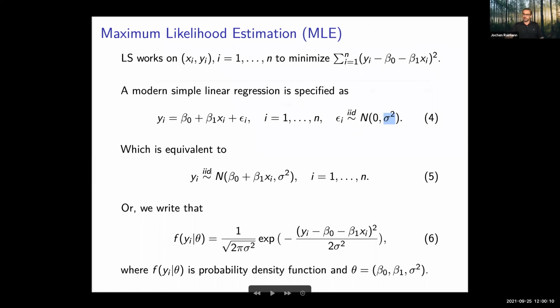So this is equivalent to a normal distribution of beta 0 plus beta 1 xi and the residual variance. So alternatively, we can say, and this is where we're getting closer to the maximum likelihood estimation.